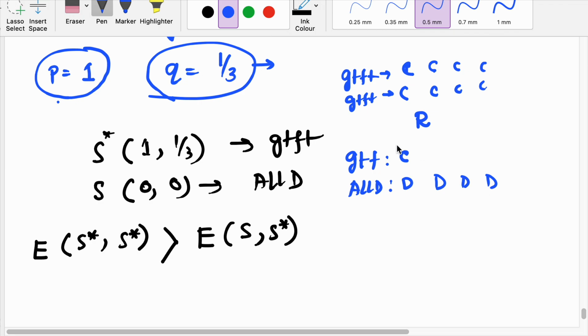So in the first round it will get S. In the consecutive rounds, since it sees D, GTFT will play with 1/3 probability C and with 2/3 probability D.